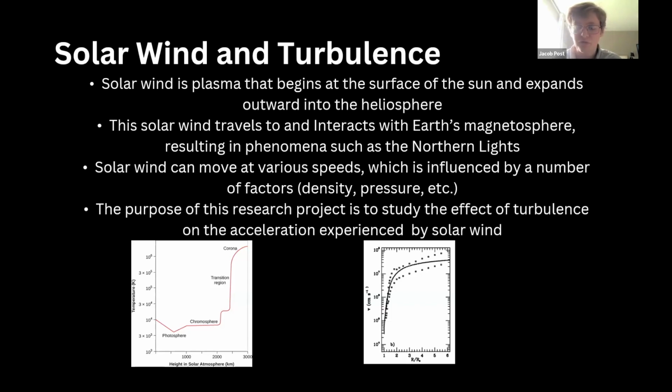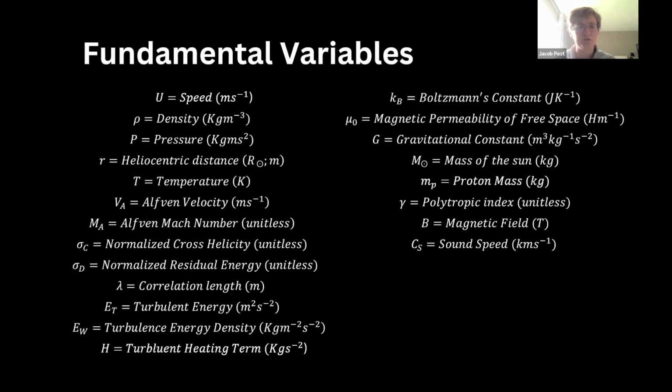Before I go into the actual process of doing my research, I need to introduce some fundamental variables that will be important to understanding the equations found in this presentation.